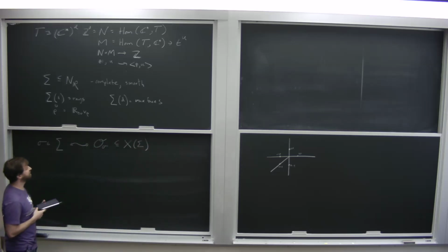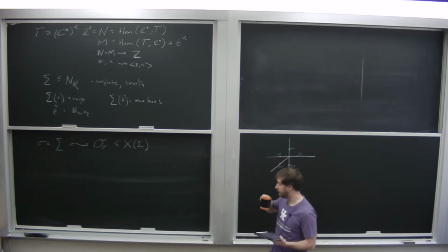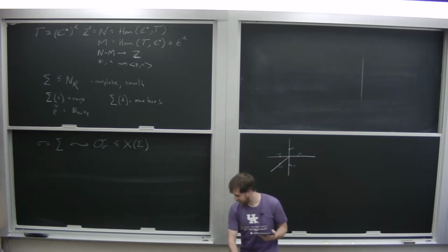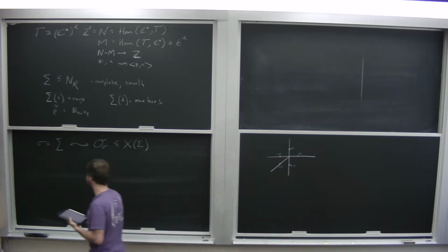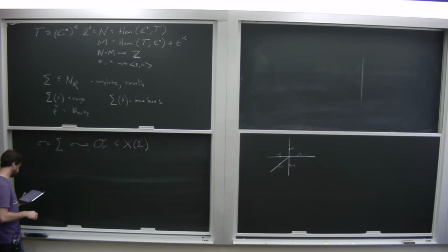So because of the way we picked the fan, this is a proper smooth variety over C. And it's a torus equivariant compactification then of the torus. And so each one of these orbits, they cobble together to make up the boundary of this compactification. And the way they cobble together is determined by this fan.